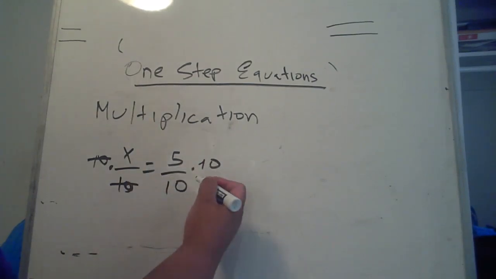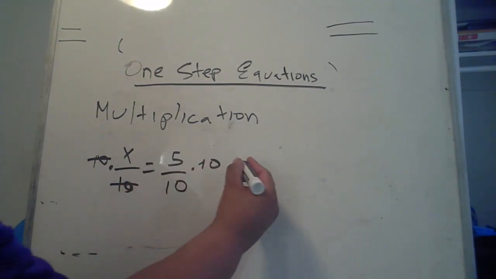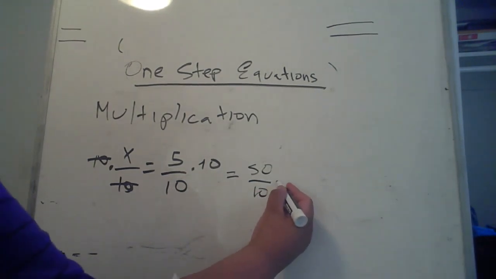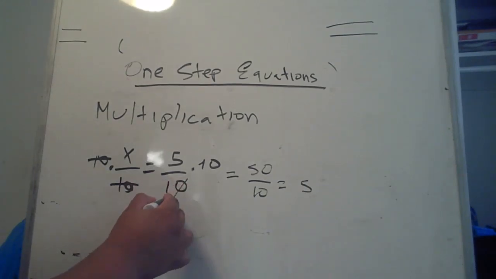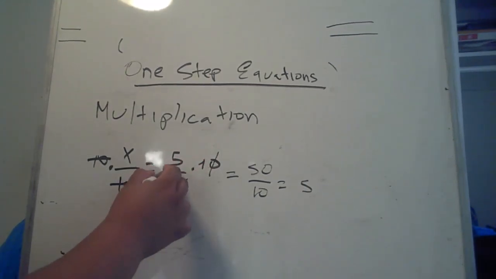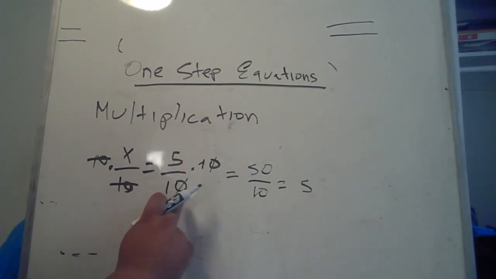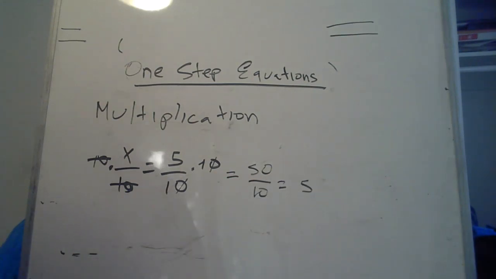But for the purpose of showing you how to do this, we're going to multiply it out. 5 times 10 equals 50, and we have 10 left over. So 50 over 10 equals 5. Just for learning purposes, do the multiplication and then the division so you don't get confused.